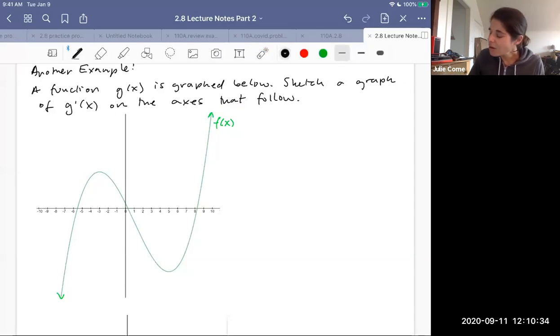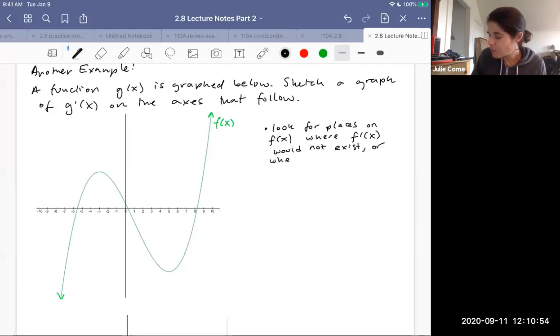So I'm going to start with that. I'm going to look for places on f of x where f prime of x either would not exist or where f prime of x would equal 0.